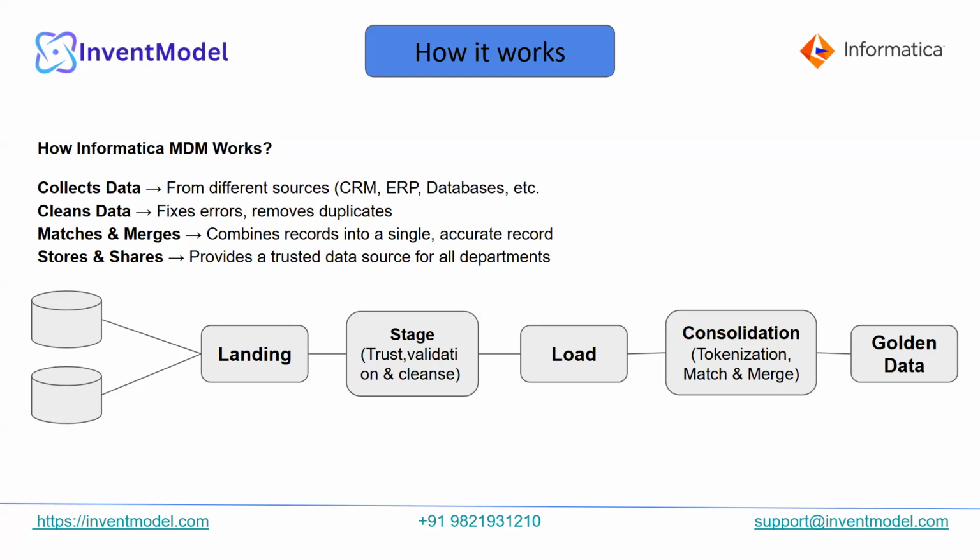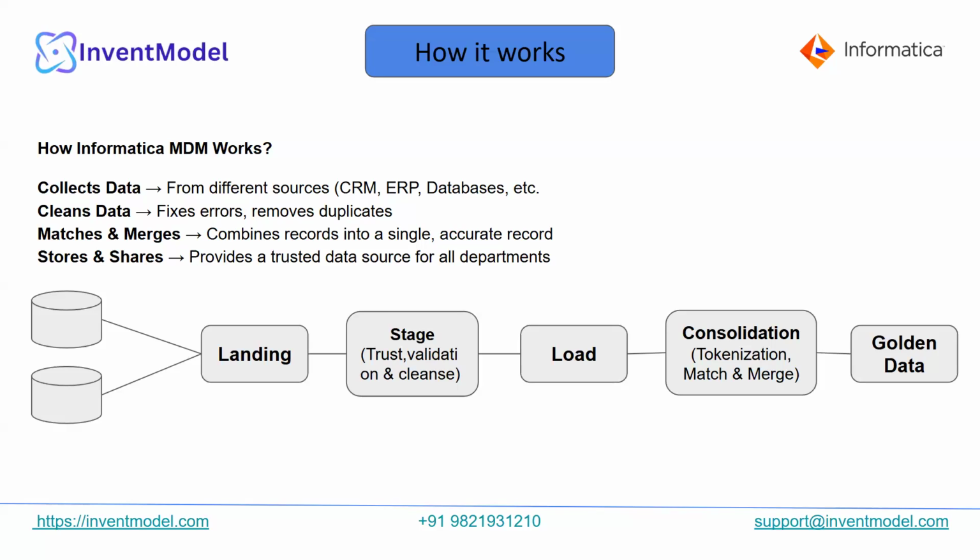It can be a website also, or some real-time systems. So this data is outside data. It's not in the MDM. So first of all, we need to put this different, heterogeneous data into the MDM system.